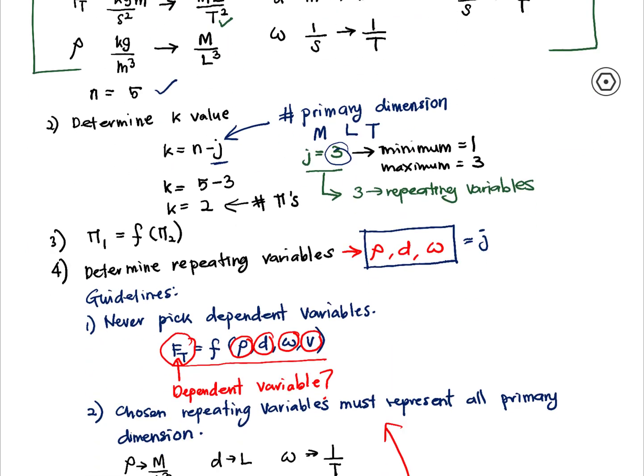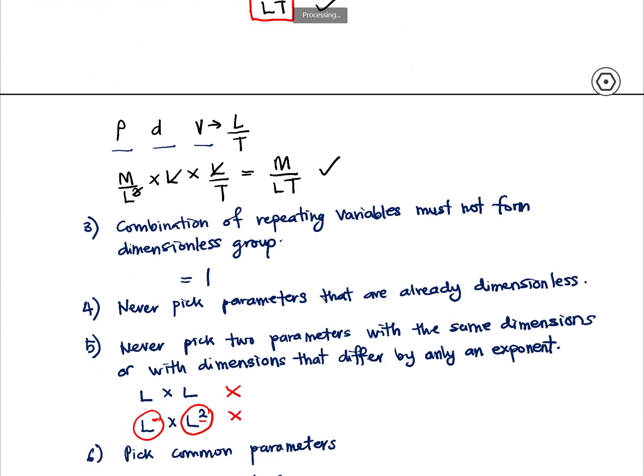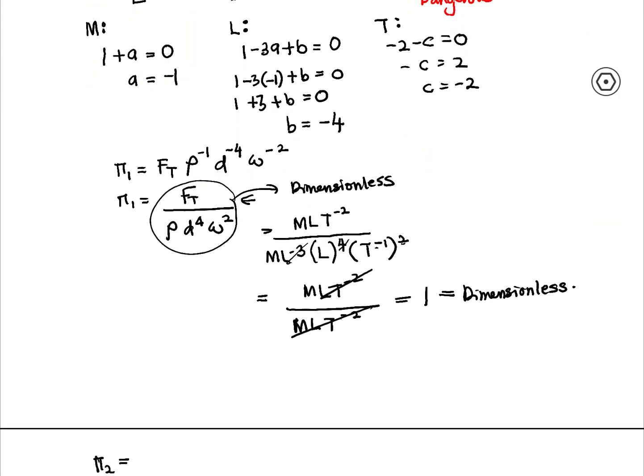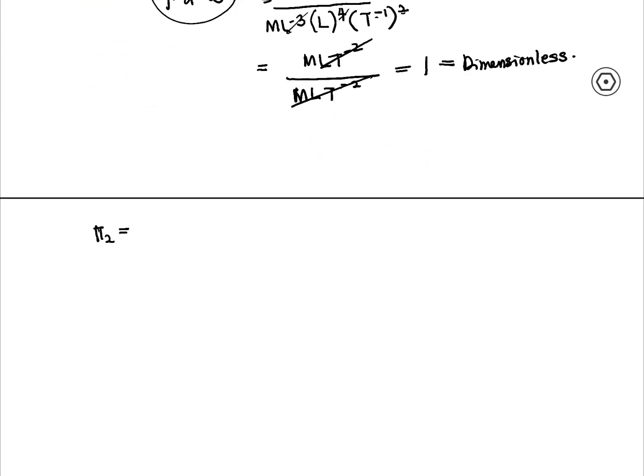Then, velocity and repeating variables, rho a, d b, omega c.